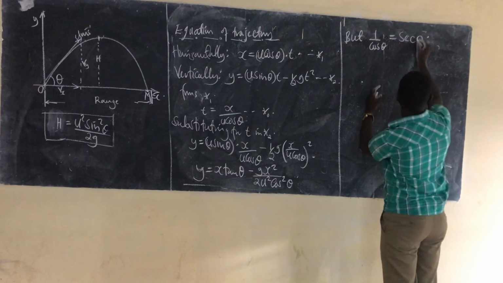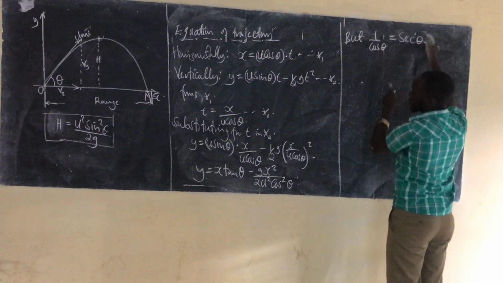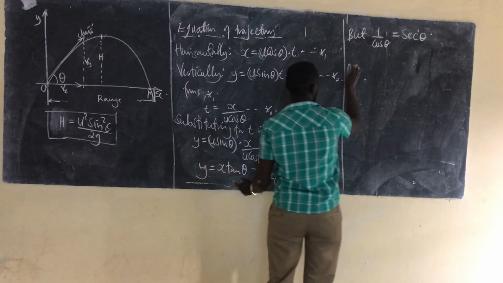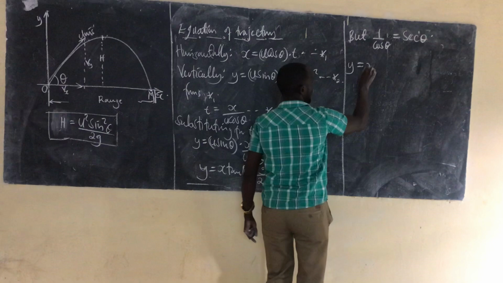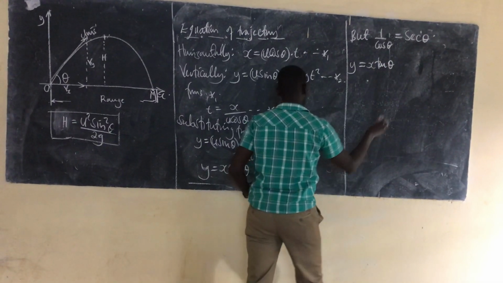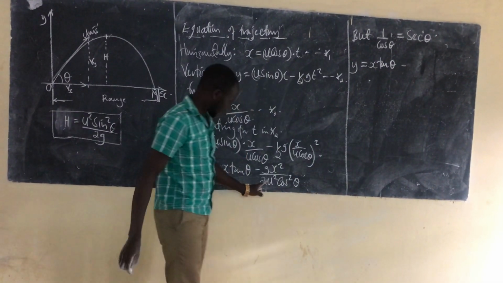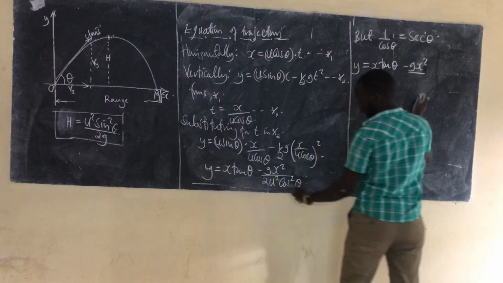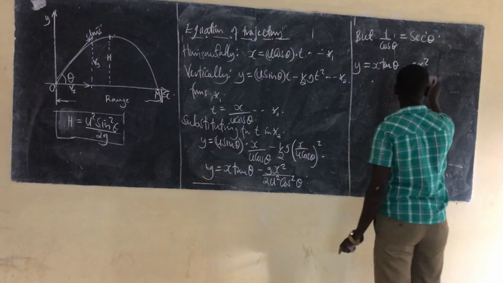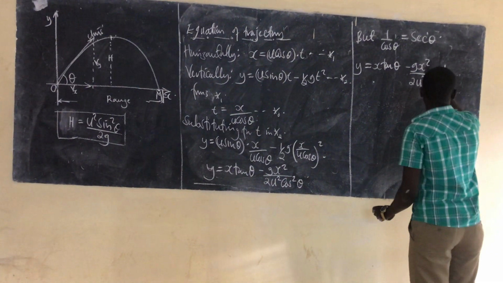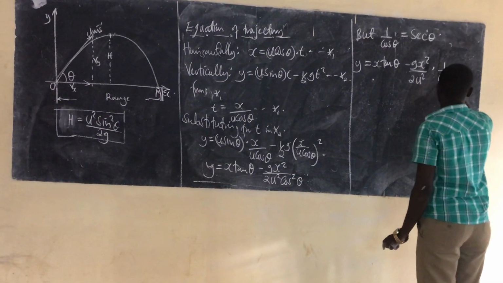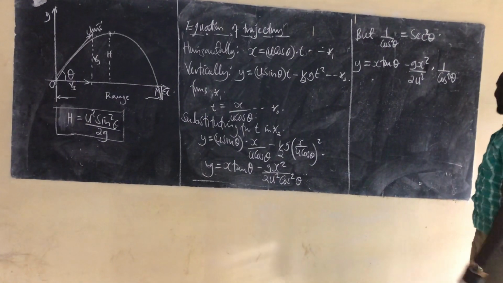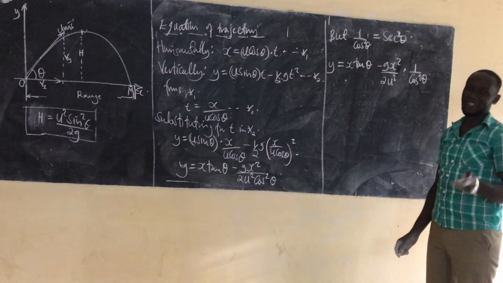And if it is sec squared, here we have y equals x tan theta minus g x squared out of 2u squared times 1 out of cos squared theta. So if this is squared, this one becomes also squared. That's what we have. Hope I'm communicating to every person.